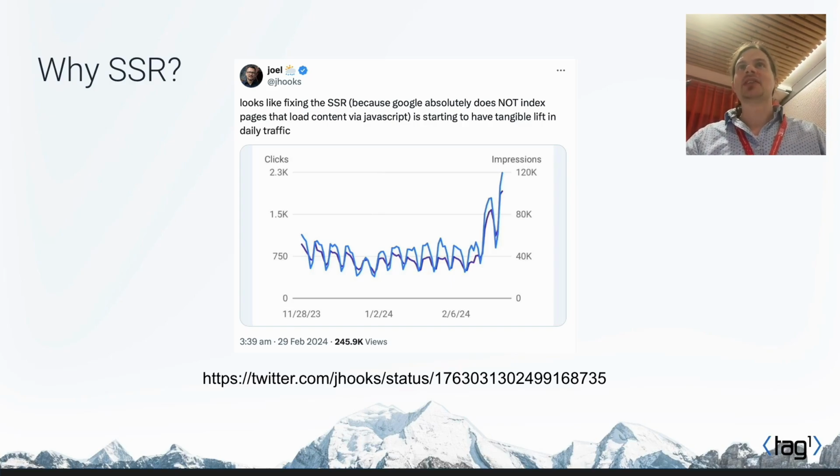It suddenly came up on my Twitter and I was like, yay, exactly what I need. So that was pretty good. The impressions here, we can easily see, went from 40K up to 120K. So yeah, it is important.